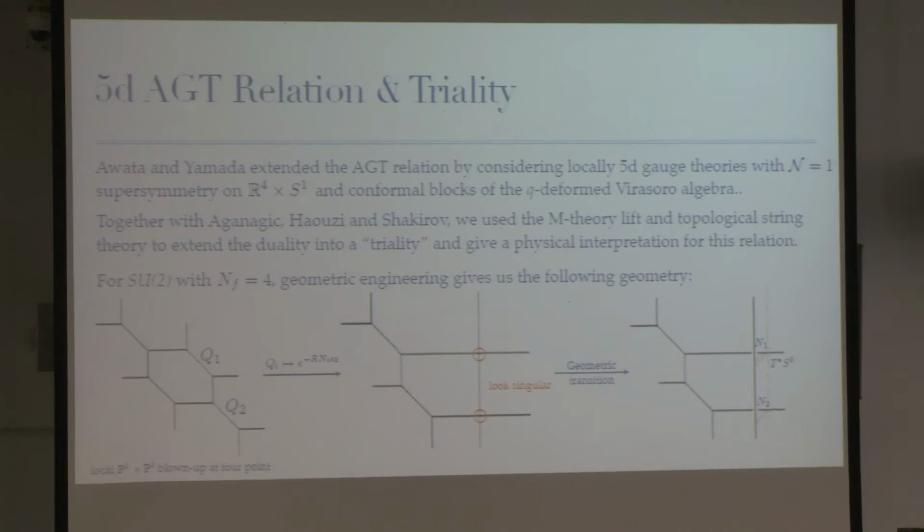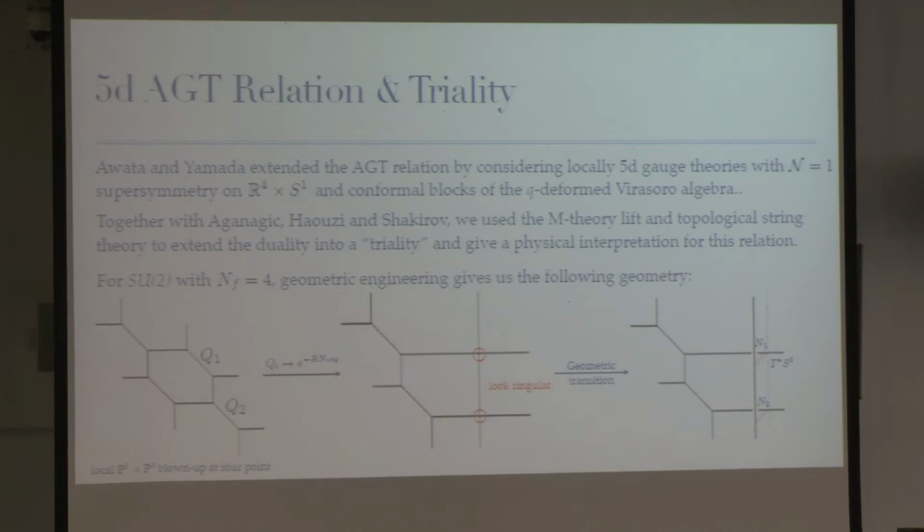Okay? So Dijkgraaf and Vafa proposed a type 2B prescription for why this correspondence should hold, by connecting it to geometric transition, which is a well-understood phenomenon in topological strings especially. But here I just want to talk about some sort of mirror version of that.